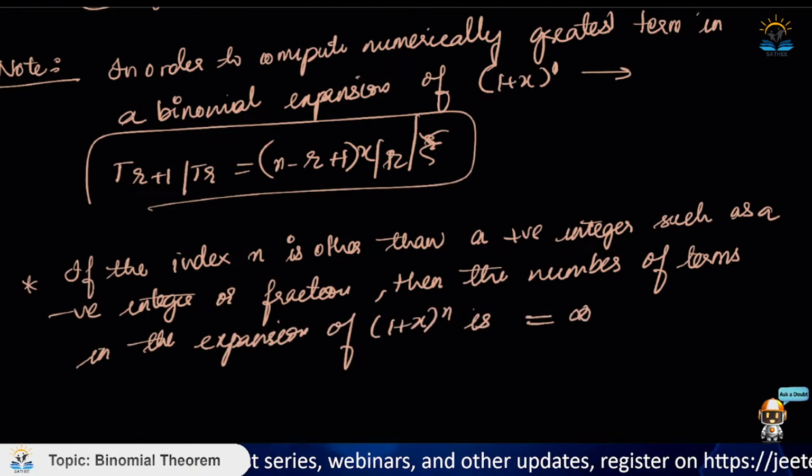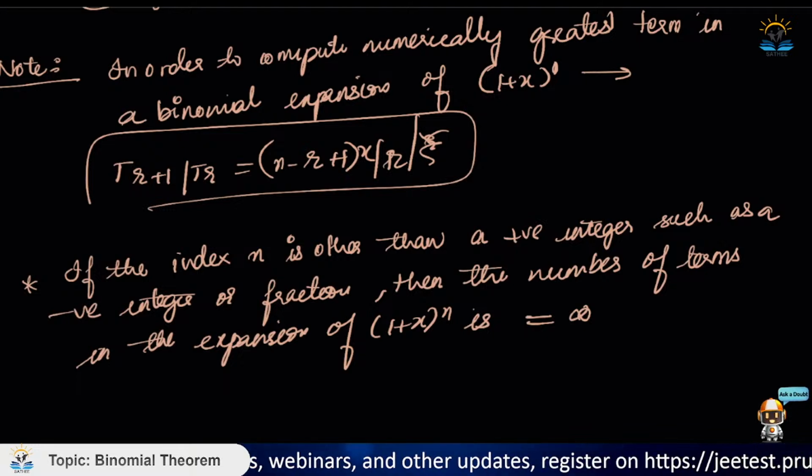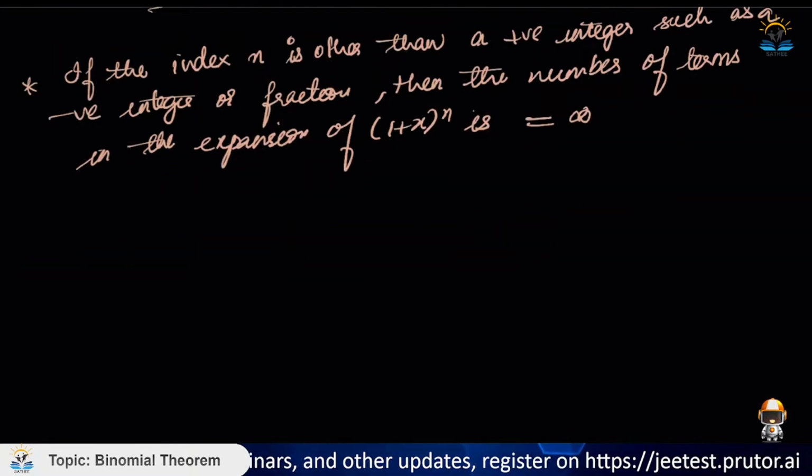It will be infinity. We say that the number of terms in the expansion of (1 + x)^n is infinity.